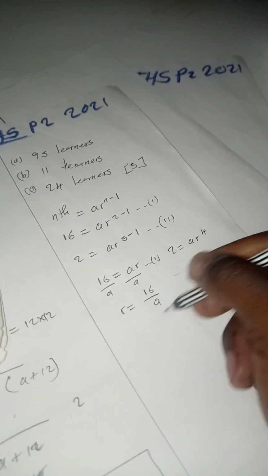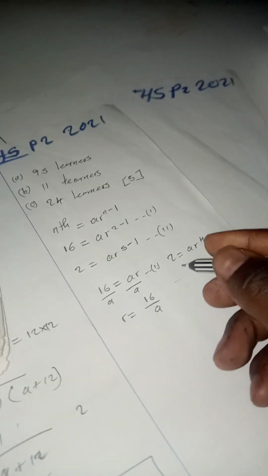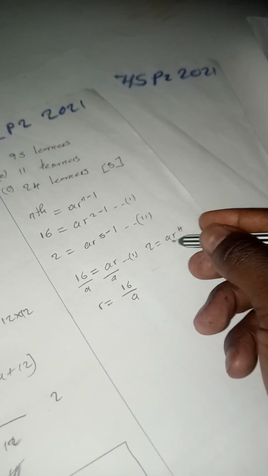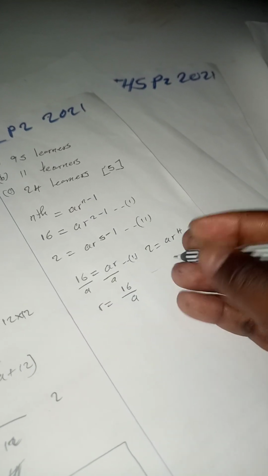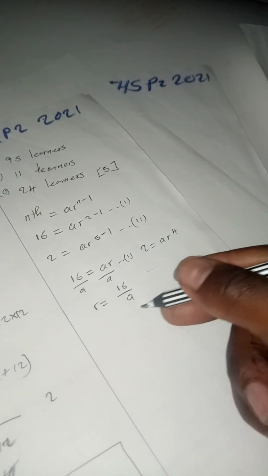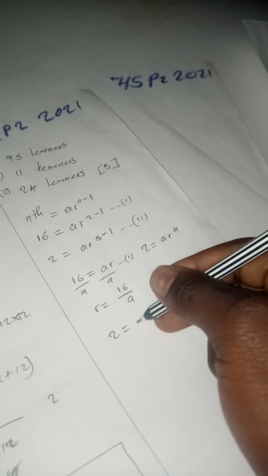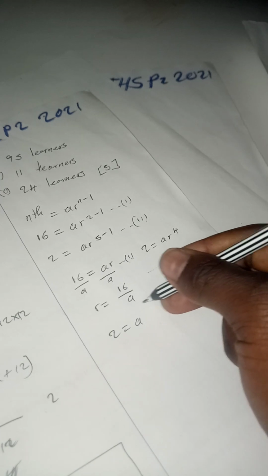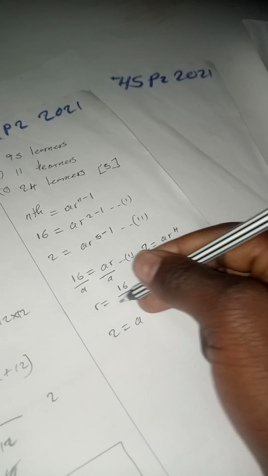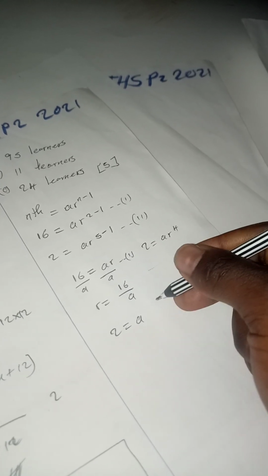So now in this case, after making this the subject of the formula, we are going to substitute it where there is R. So we have A, and where there is R, we are saying that we impart that.